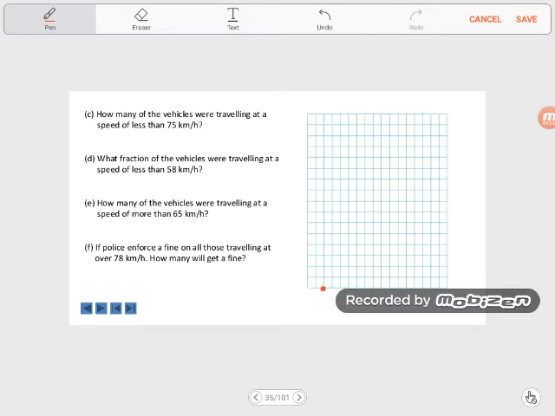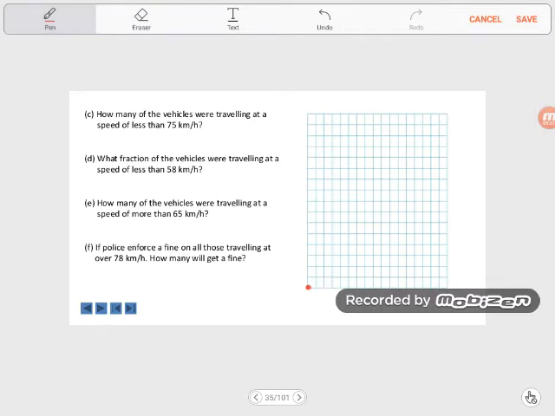So we'll say this is 40 to 50 to 60 to 70 to 80 to 90 to 100. Now it's just a bit crowded, so I'm just going to neaten this up.